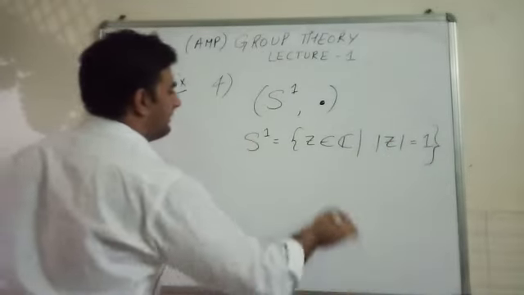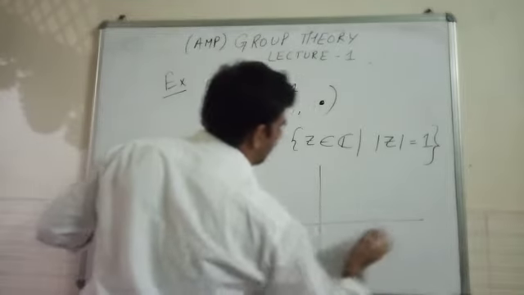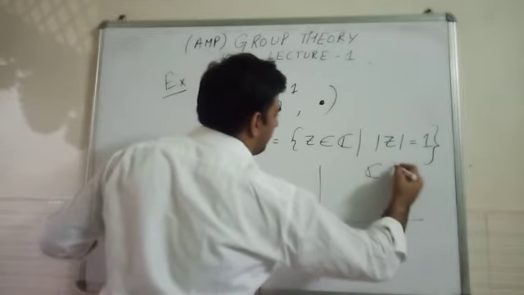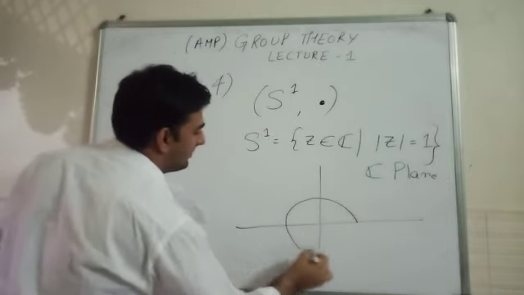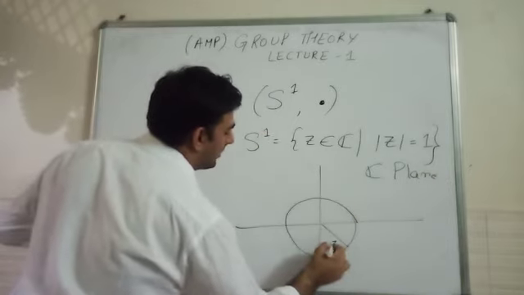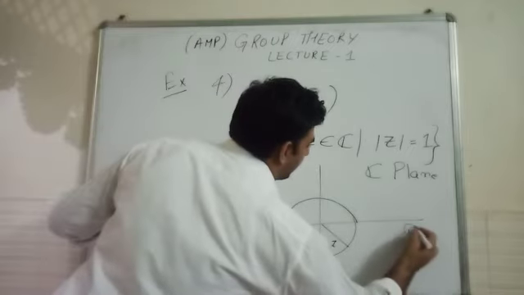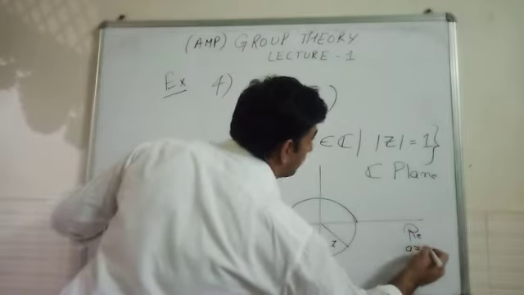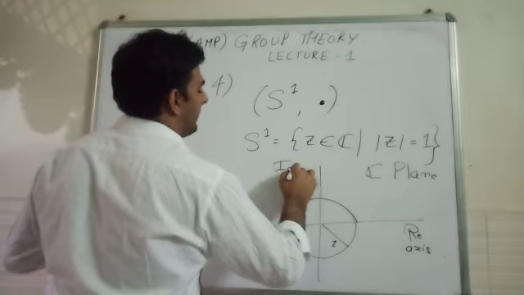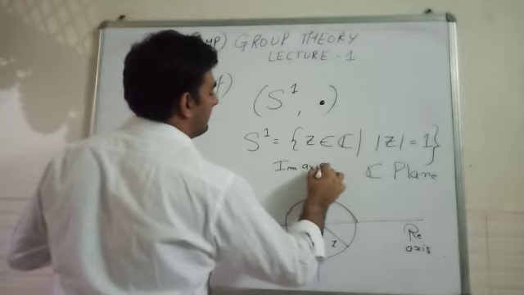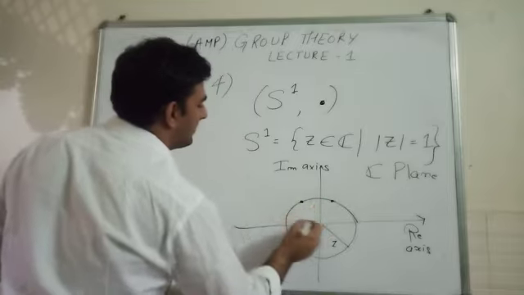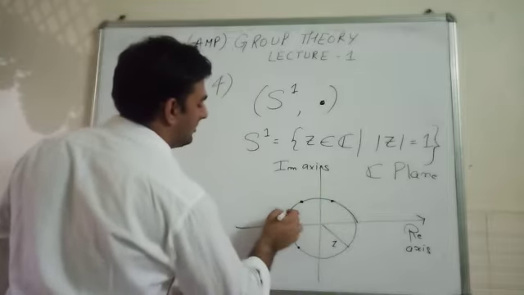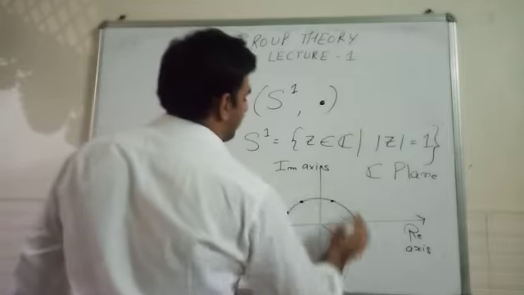In a pictorial representation, that's the complex plane, and all the points on this circle of radius 1, where this is the real axis and this is the imaginary axis. All those complex numbers on this circle are in the set.